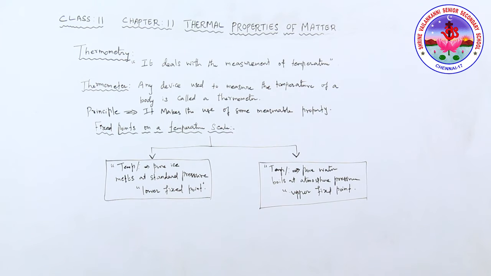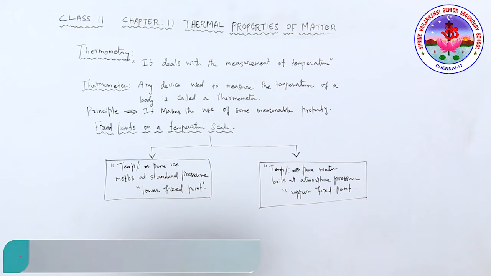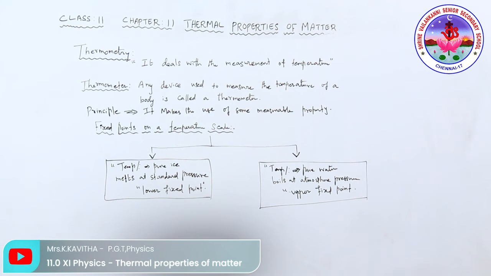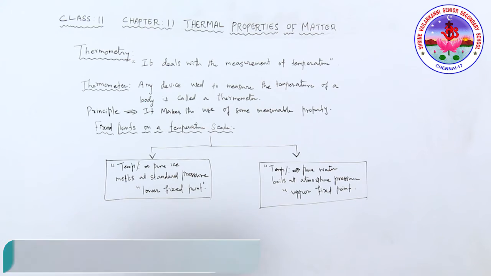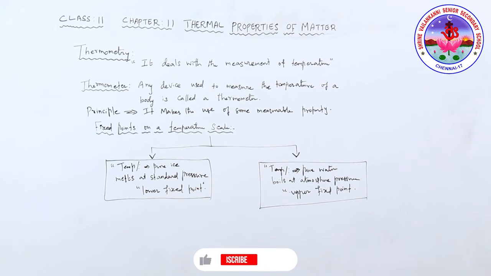Some of the thermometric properties are length, volume, pressure and electrical resistance. We usually use a liquid like mercury or alcohol.